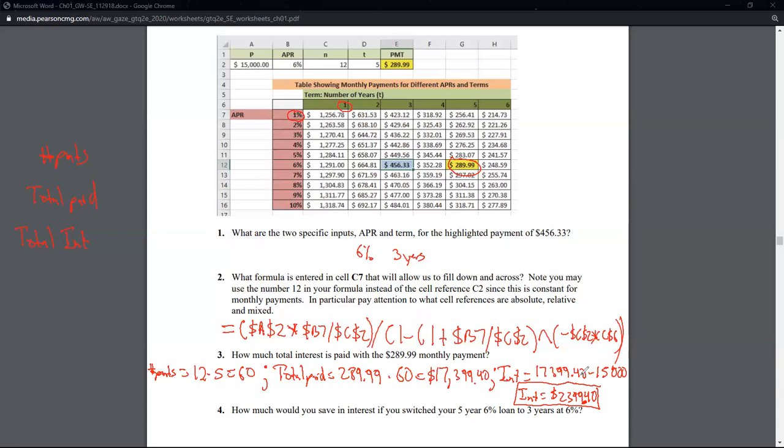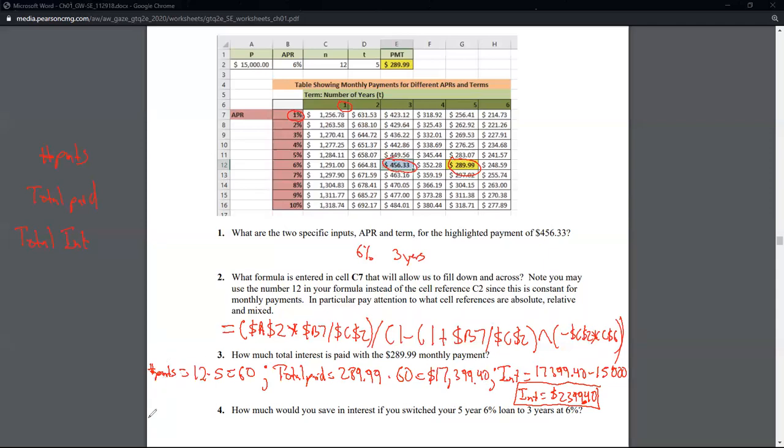So if you pay $456.33 a month for 3 years instead of $289.99 a month for 5 years, how much do you save? I'm going to try and squish this in without actually erasing it, because I'd like to leave everything up there for now. So the first thing we need to do is say, what's the 5-year 6% going to cost us in interest? We need to do everything we just did in problem 3, but with the 456.33 number.